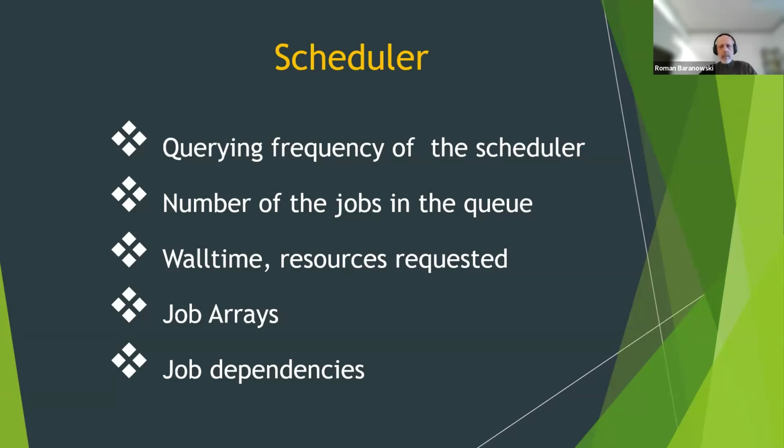Don't ask the scheduler every second, is my job running, is my job running, or is my job still queued? Because if one user is asking what is the state of the queue, the scheduler will respond immediately.